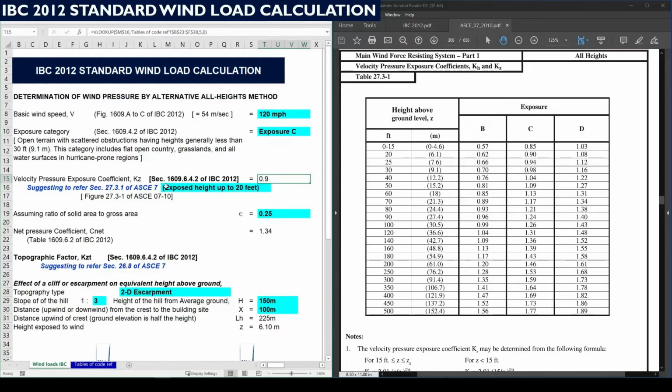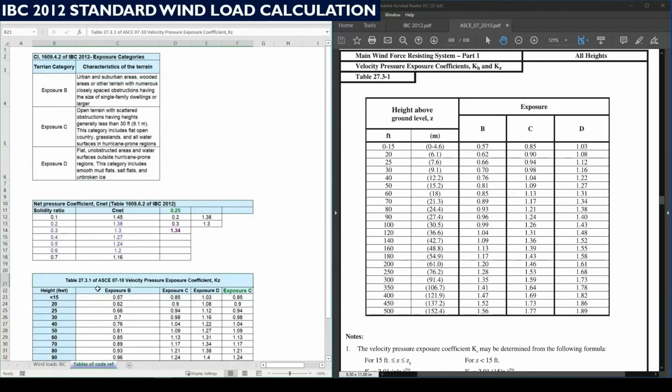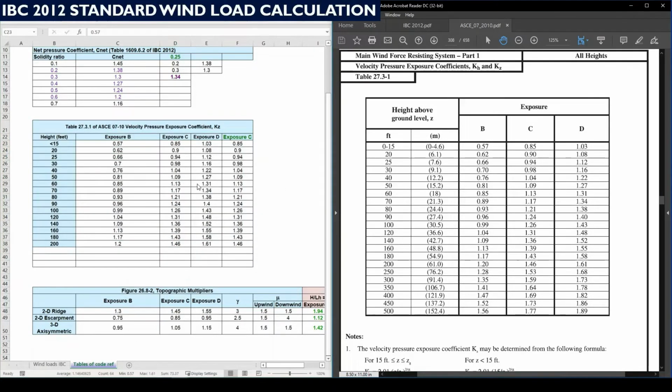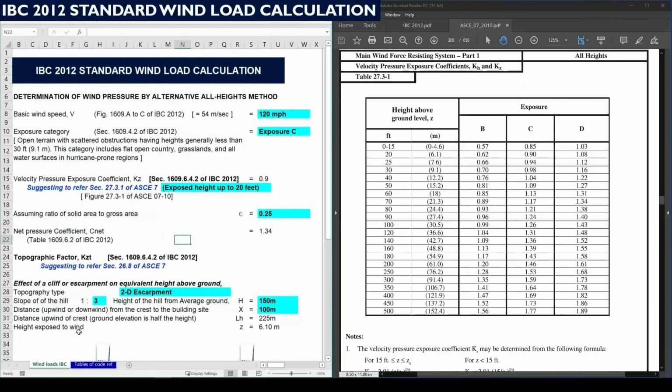Based upon this height and exposure category, here you can see table 27.3-1, which is added here, an extraction of the PDF file shown on the right hand side. Based upon the exposure category, the values are extracted from the table, and according to the height, the same is filtered again. We can get the value here as 0.9.